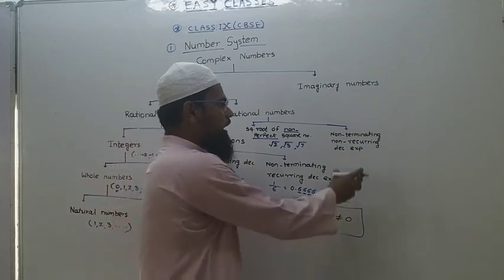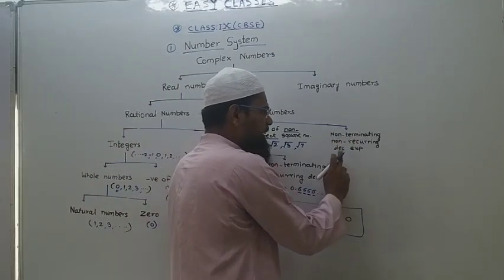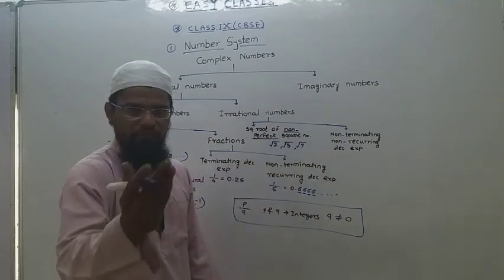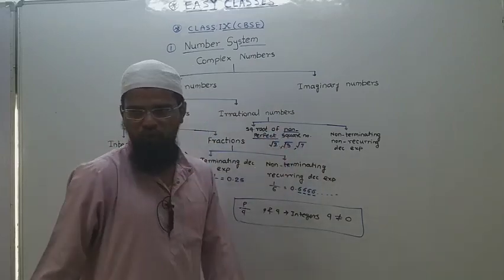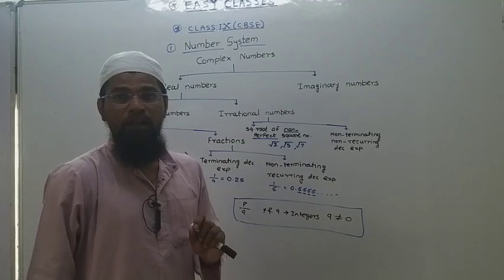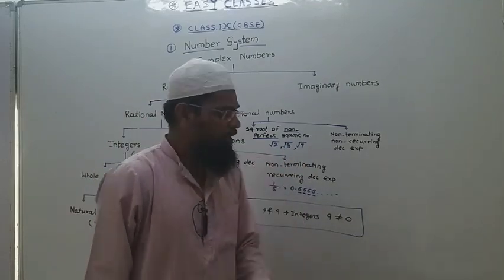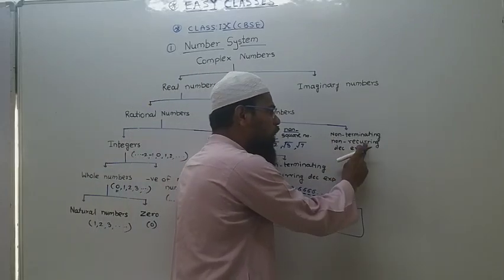Again, the decimal expansion of an irrational number, for example the square root of 2. Look here, the decimal expansion is non-terminating, non-recurring.